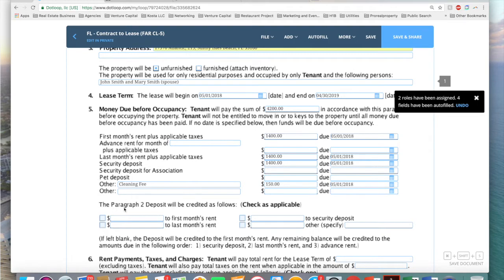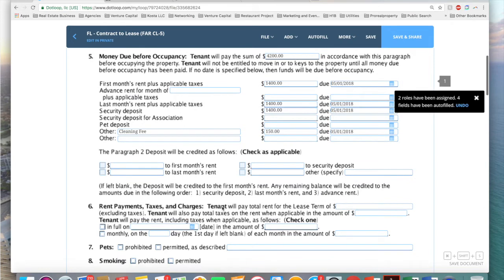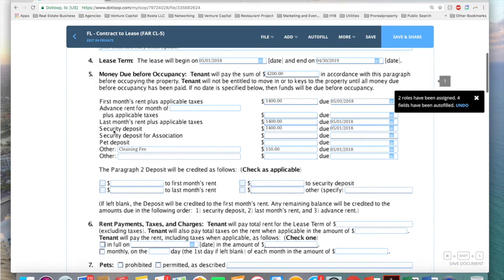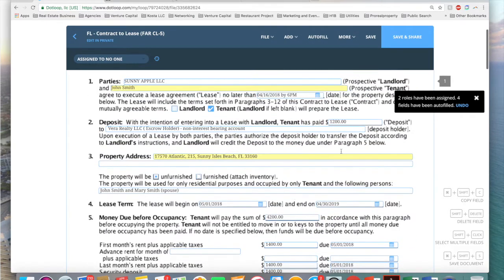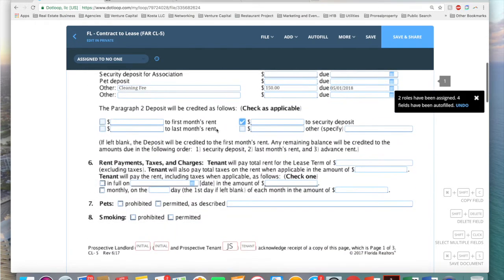Then moving to the paragraph 2, deposit will be credited as follows. So the deposit will be going towards the security deposit. And this is from that part. Then we're going to rent payments, taxes, and charges.